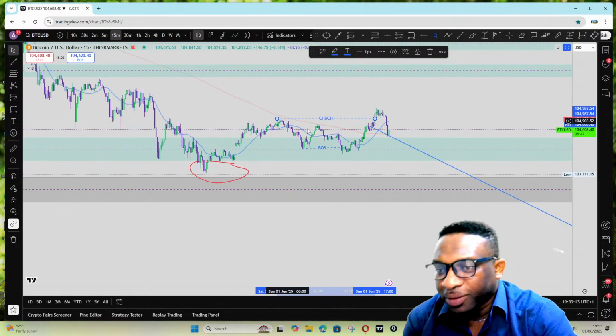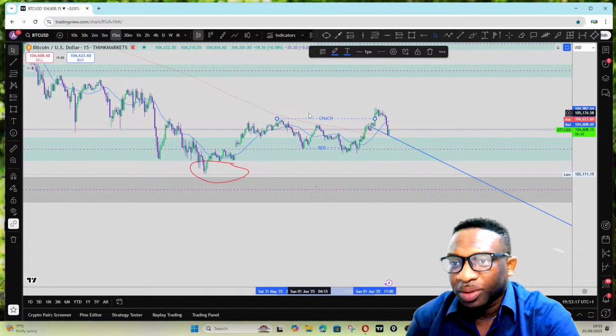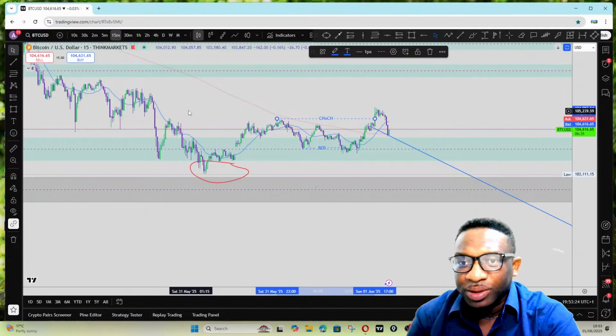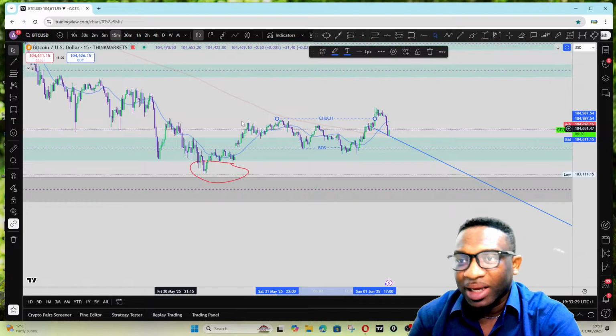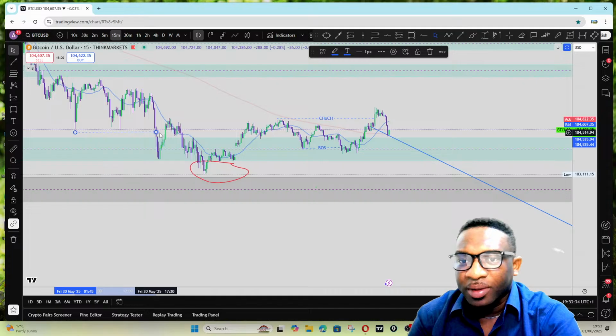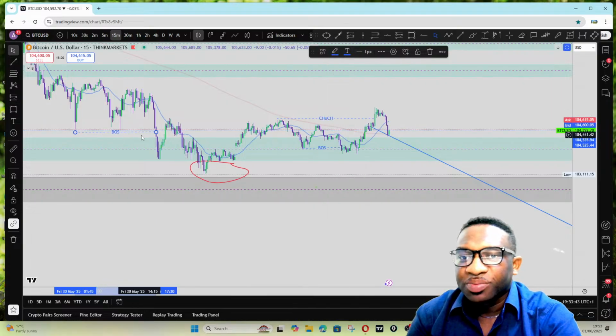Okay, so we're pushing down, made a break of structure, then pushed up, had this change of character, looking to be going up. But if you look into it critically, there was a break of structure right here earlier on. And the origin of this break of structure is here.